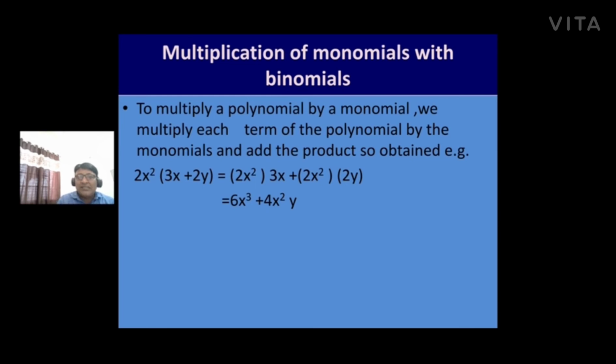So 2x square into 3x plus 2x square into 2y. When you multiply 2x square into 3x, the result will be 6x cube. And when you multiply 2x square into 2y, the result will be 4x square y. And that is how we multiply a monomial with a binomial.